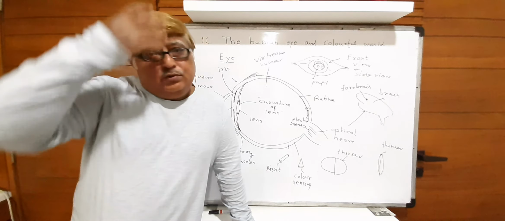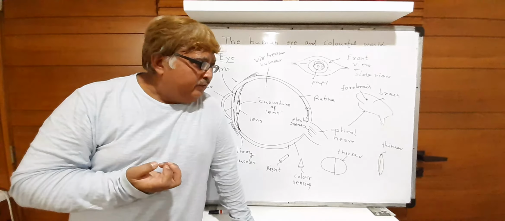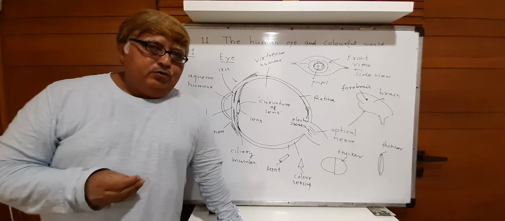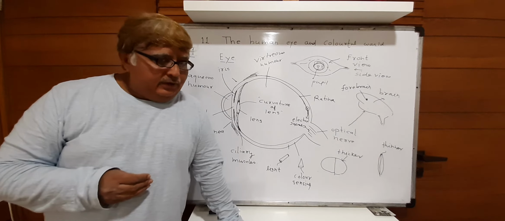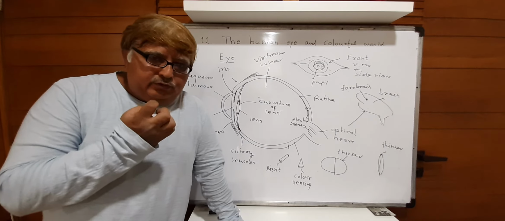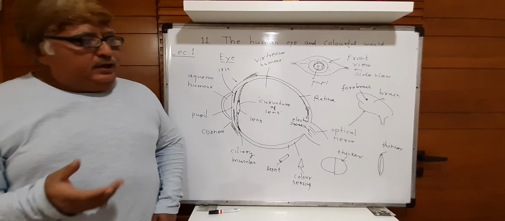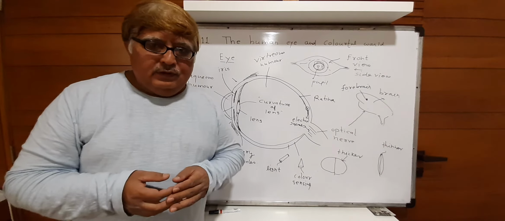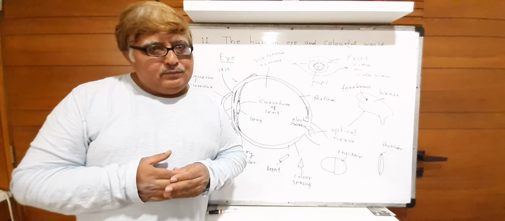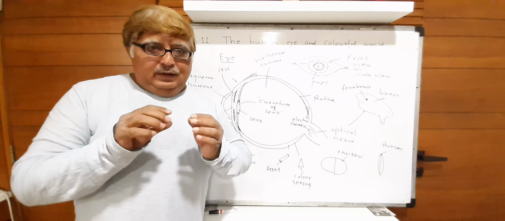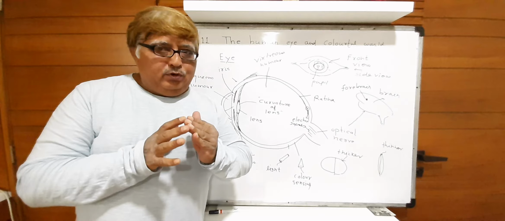That means the moment it reaches that part of the brain where the visual reception center lies, the brain receives the electric signal and then it tries to process it.